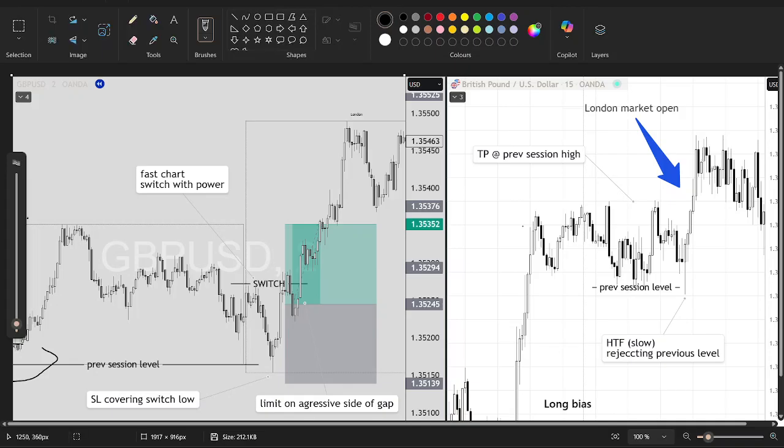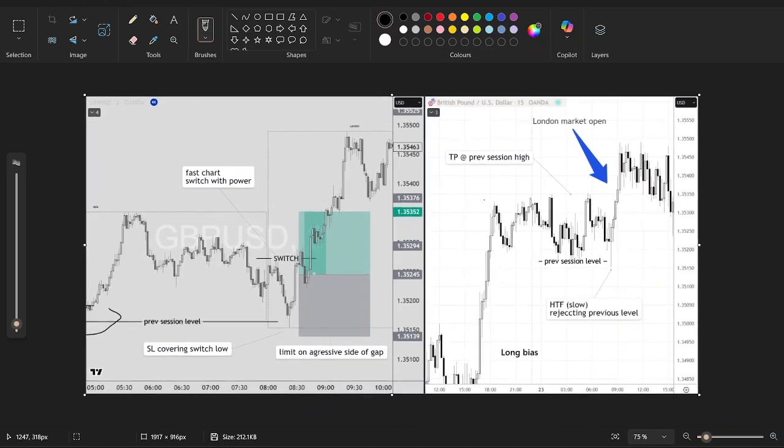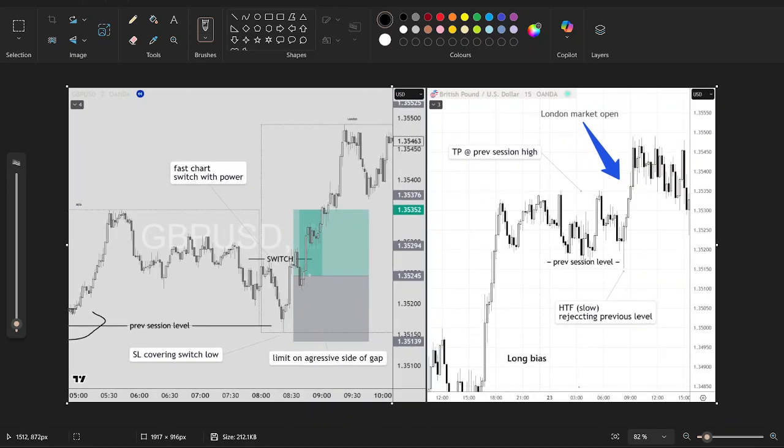So it's long bias. This is trading setup A. This is an A plus setup for me. Looks super splendid.